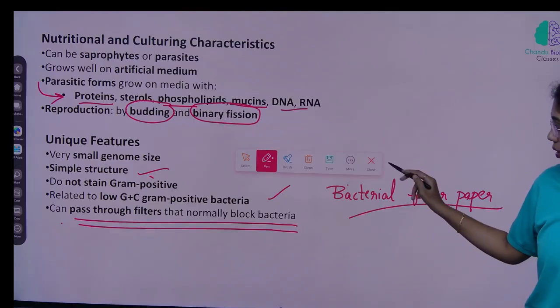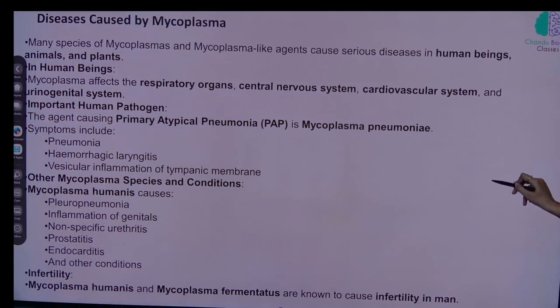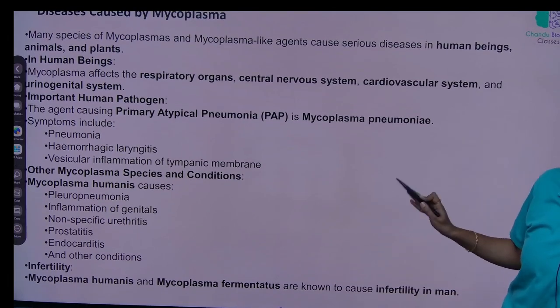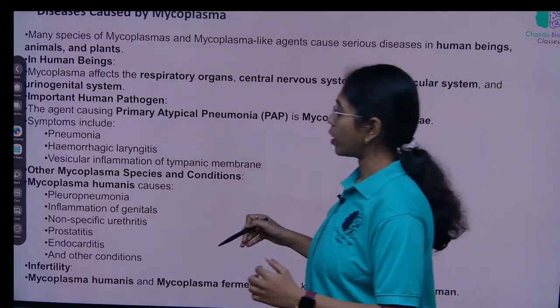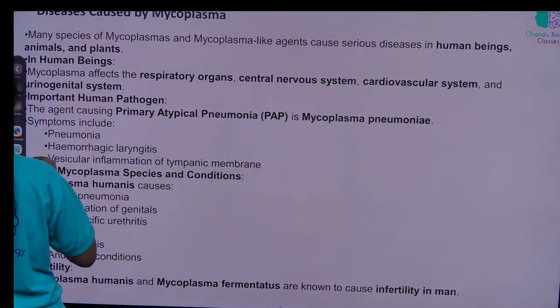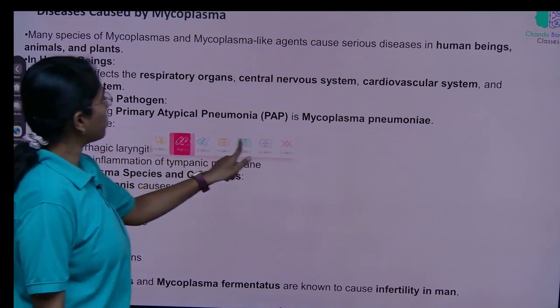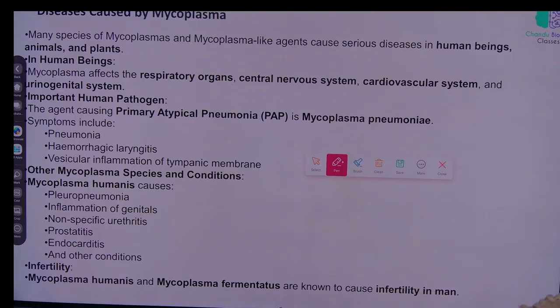Now, diseases caused by Mycoplasmas. There are so many diseases which are given. Just go through the concept, go through the diseases that are being caused by Mycoplasma, but we have to learn a few diseases in detail. Many species of Mycoplasma or Mycoplasma-like agents cause serious diseases in human beings.